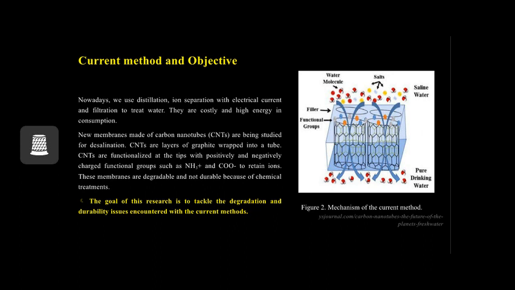In the desalination process, anions are attracted to the positive functional groups and the cations are attracted to the negative ones. With this method, there is membrane degradation because of the treatments received by the CNTs. Those treatments alter their structure and mechanical properties. Additionally, the membranes are not durable and cannot be washed.